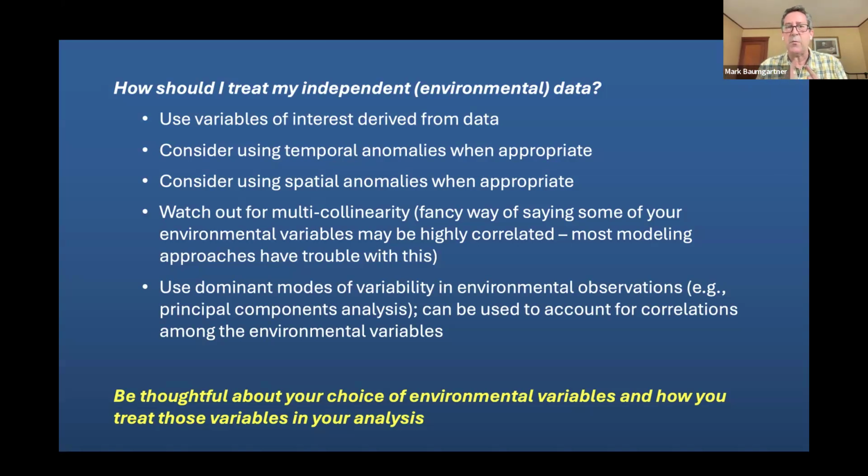One of the things to watch out for with your environmental data is if you have a bunch of environmental variables that are correlated with one another. That's called multicollinearity, and it's something that most modeling approaches are going to have trouble teasing apart. If your goal is to have a model tell you what's the most important environmental variable, and 3 of the most important ones are all correlated with one another, the model's not really going to figure that out for you.